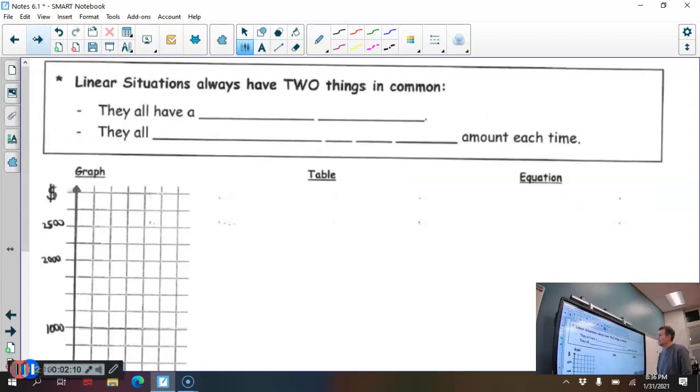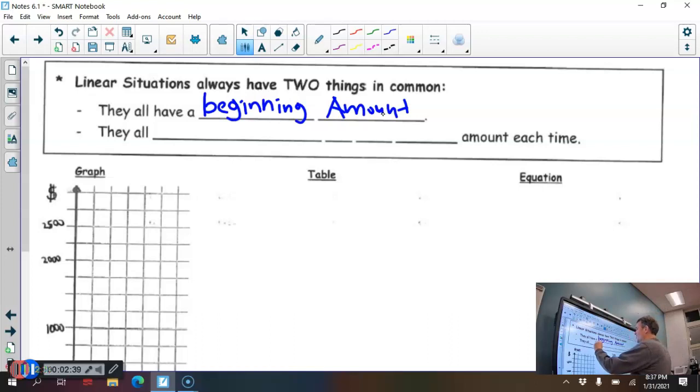All right, so linear situations have two things in common. They all have two things in common. Do you know what they are? They all have a beginning amount. All linear situations start somewhere. We call it the beginning amount.